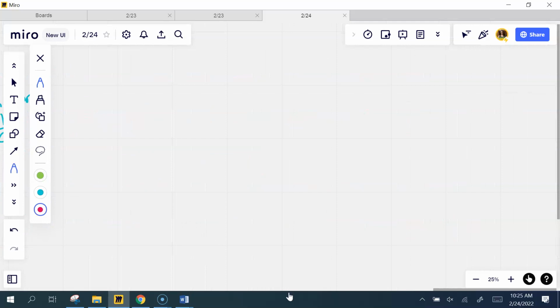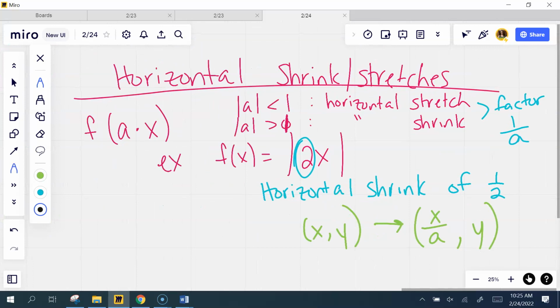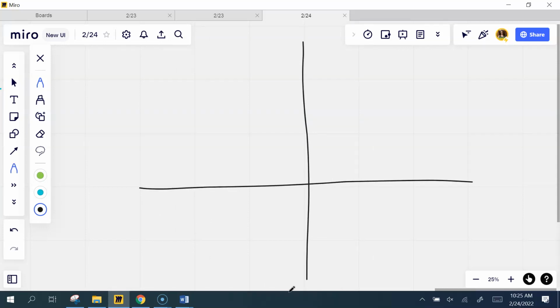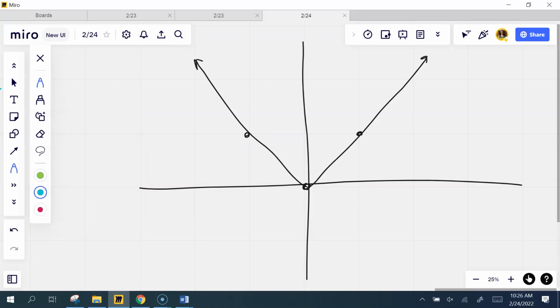I'm going to plot my, again, you don't have to do this. Let me go back. I'm going to do my parent graph here. And we said we are doing f of x equals the absolute value of 2x.